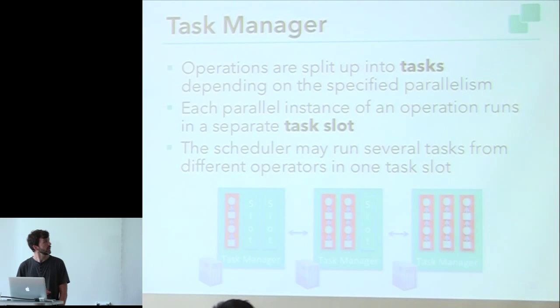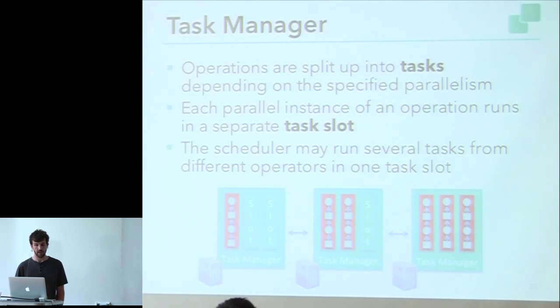The task managers, as I mentioned, receive tasks. I think this is a bit different from what tasks are referred to in Hadoop, but tasks are pretty much parallel instances of an operation you specified in the API. And these tasks run in what we call task slots.